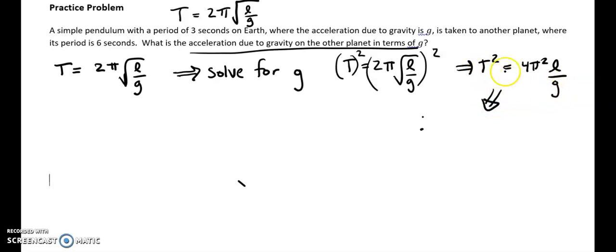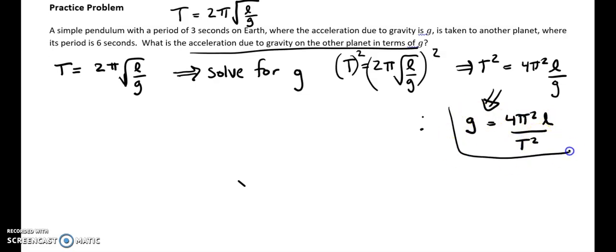Multiply both sides by g, and then divide by T². So g = 4π²L/T². Great. That gets acceleration due to gravity by itself, because that's what we're changing.